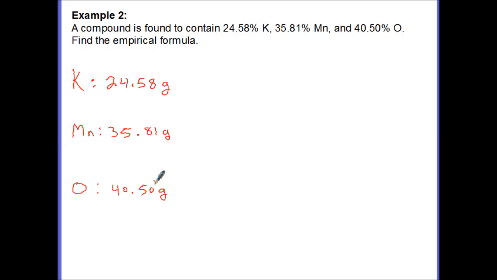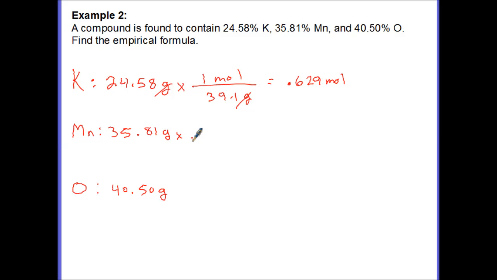Now what we're going to do is divide all of these by their atomic masses. So for potassium, I look on the periodic table, it's 39.1 grams per mole, so I want 1 mole, so I divide by 39.1 grams of it. Goodbye grams, and I'm left with moles, which is 0.629 mole. I do the same thing here for manganese.